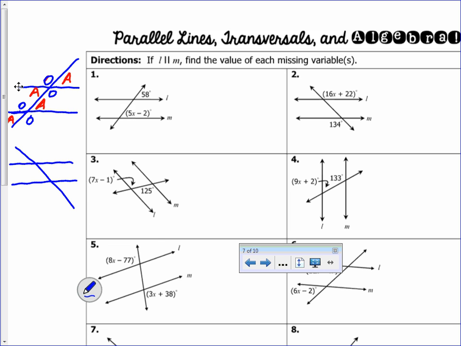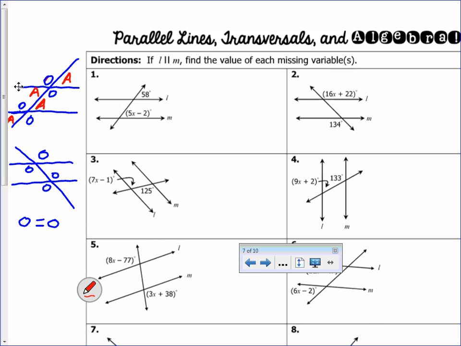Now look at the other diagram. I'm going to label all my obtuse angles. Here, this one looks bigger than 90. This one's bigger. This one's bigger. This one's bigger. And this is the thing I know: all my O's equal my O's. So if one of my O's is 65, then all my other O angles equal 65.